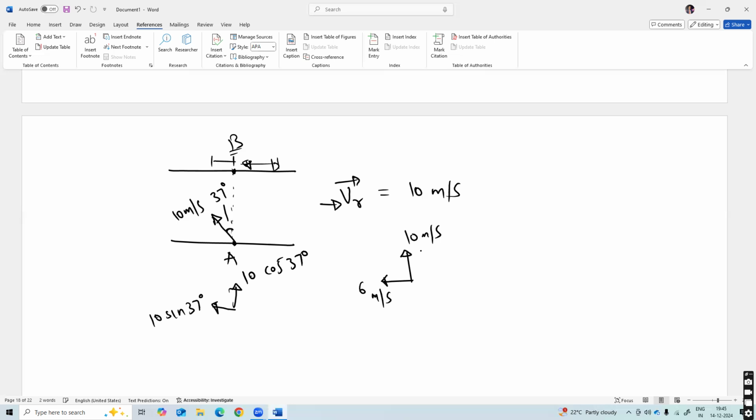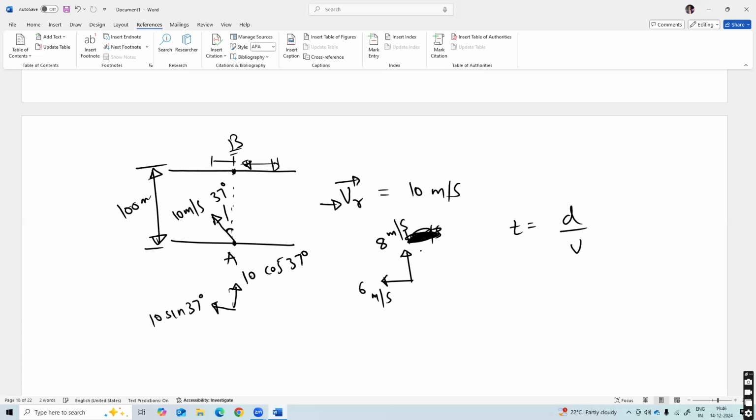First of all, we will find out the time taken by this man to reach the opposite bank of the river. I forgot to mention that the width of this river is 100 meter. So the total timing of swimming is time equal to distance upon velocity. 10 cos 37 is 8 meter per second.